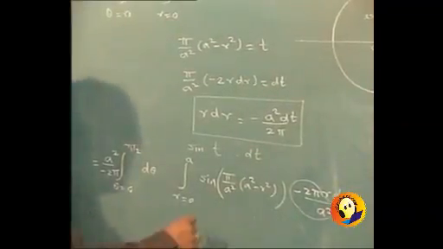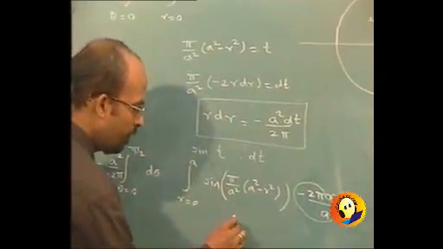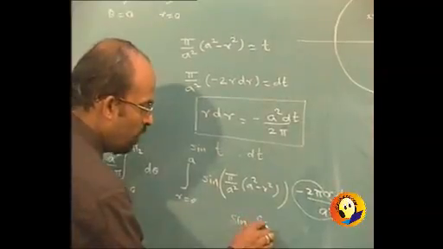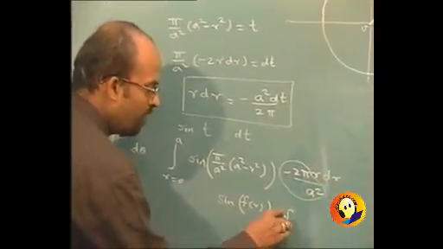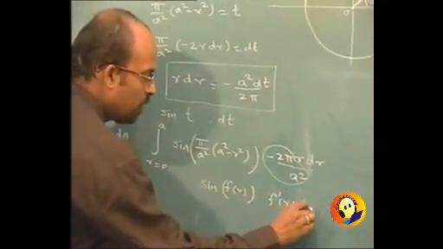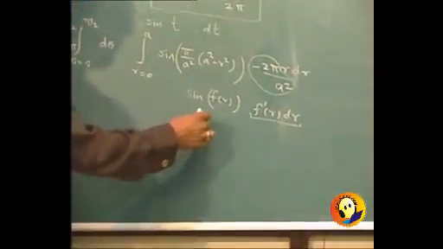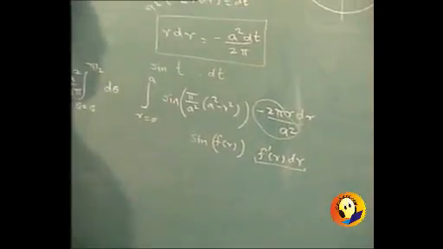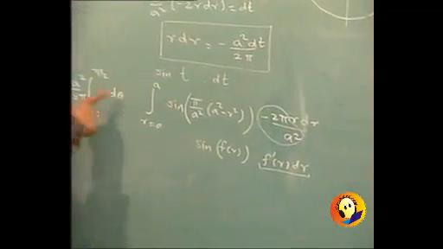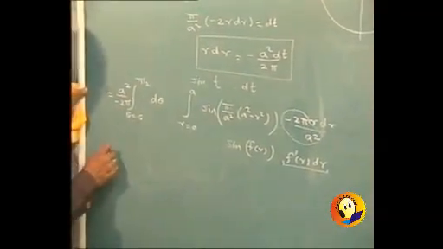So this will be in the form sine of f r into f dash r dr. With our usual substitution as f r equal to t, f dash r dr will be dt. We can proceed with the integration. The corresponding constant has already been adjusted.